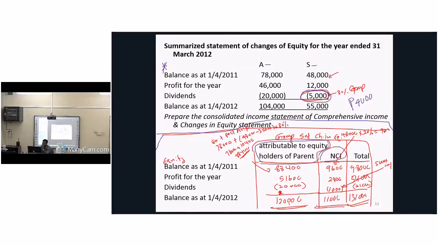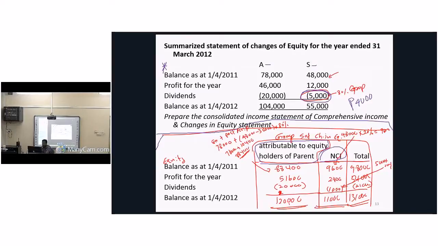Every time in the equity statement, we have to find the equity balance at the beginning of the year plus or minus profit for the year, and subtract dividends. Look at what is profit attributable to equity holders of parent at the beginning of the year. This is a little difficult, therefore we don't want to focus that much, but just see how to do it at least.